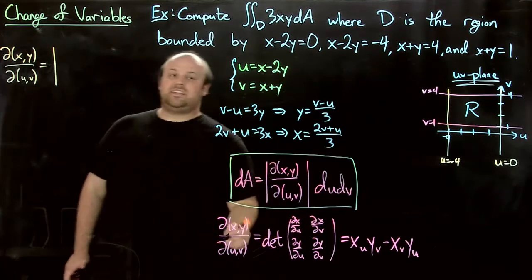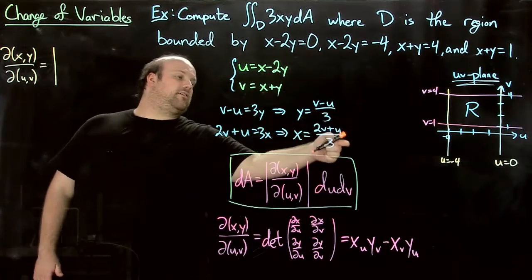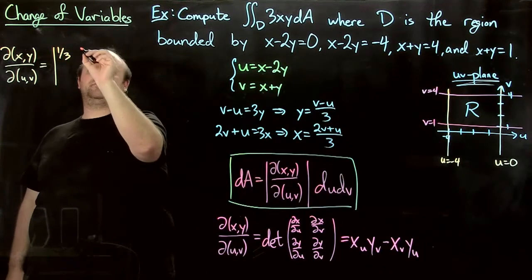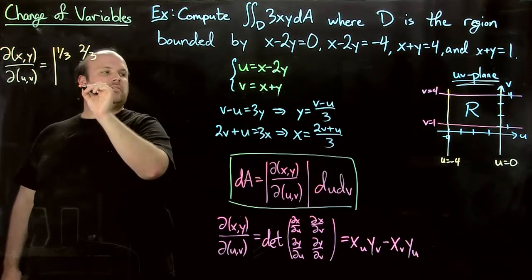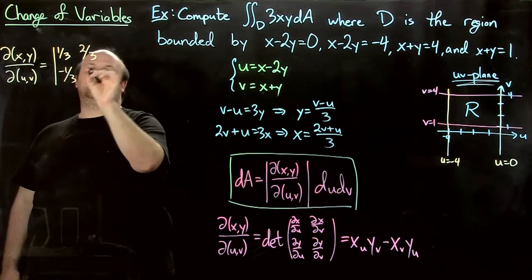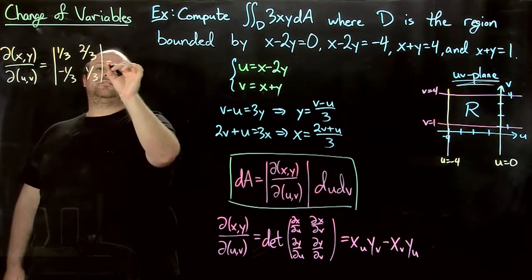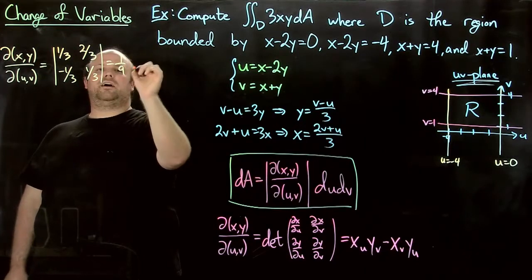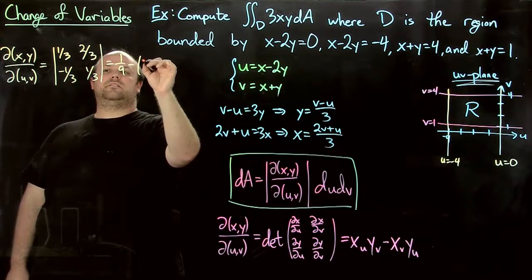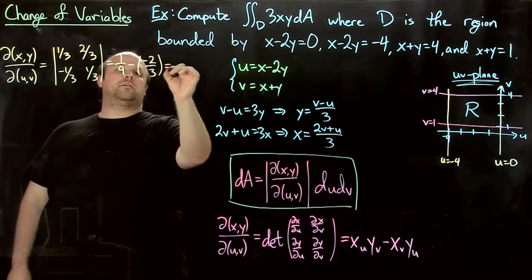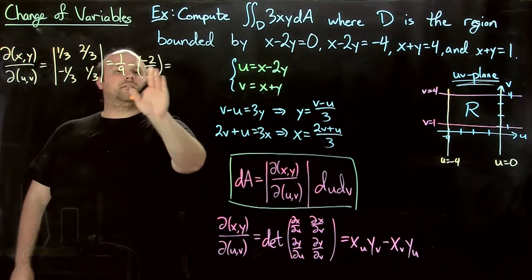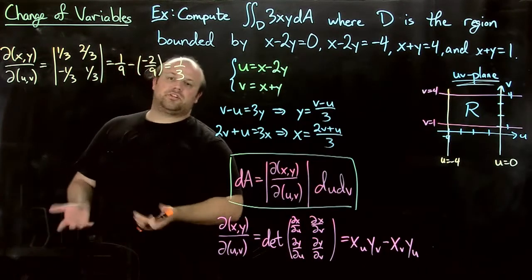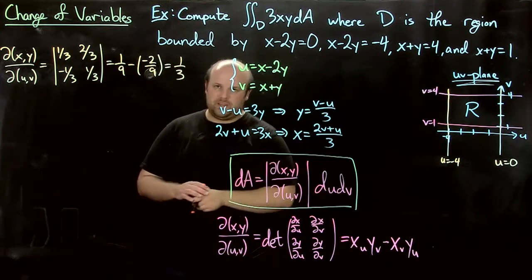Right? So we need ∂x/∂u. So here we have our x and y. So we have 1/3, with respect to v is 2/3, negative 1/3 and 1/3. So here the determinant of this is 1/9 minus negative 2/9, sorry. So the Jacobian's 1/3. Okay?